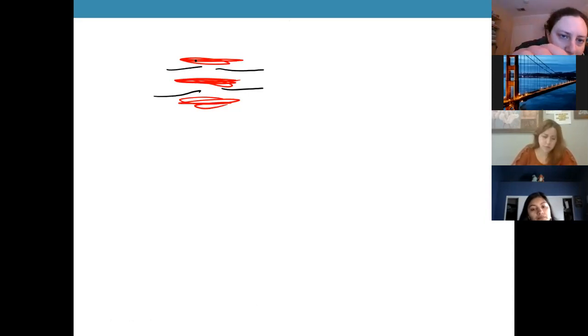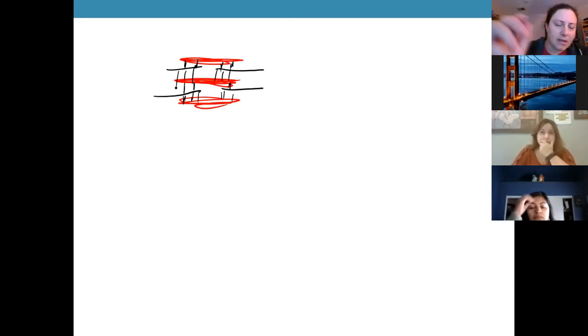Okay, so as long as there's calcium present, pretend these are cross bridges, we're going to keep running through the cycle, right? Because we never actually run out of ATP. So we're just going to keep running through and running through.